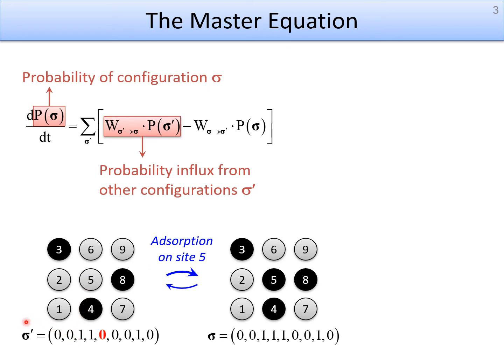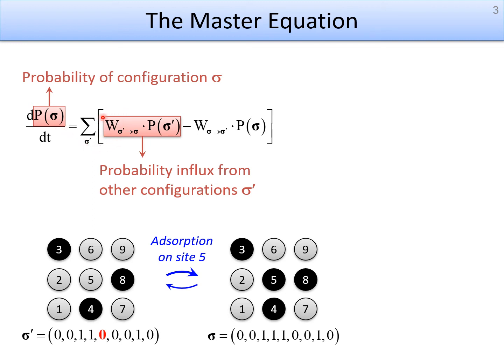So the state sigma prime is this state here. You see it's almost like this, with the exception of this 0 over here, because this site is empty. So this term would be just one out of the terms that I see here. You will notice that we sum over all the other states, right? So sigma prime not equal to sigma.